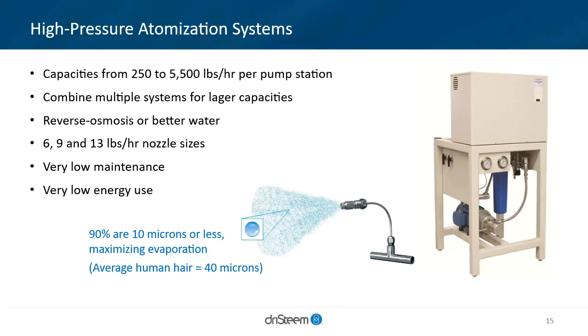So I mentioned earlier, we do require reverse osmosis or better. From a nozzle perspective, we have 3 varieties, 6 pounds an hour, 9 pounds an hour, or 13 pounds an hour, all based on a certain pressure. So if we're varying the outlet pressure, those capacities do change.